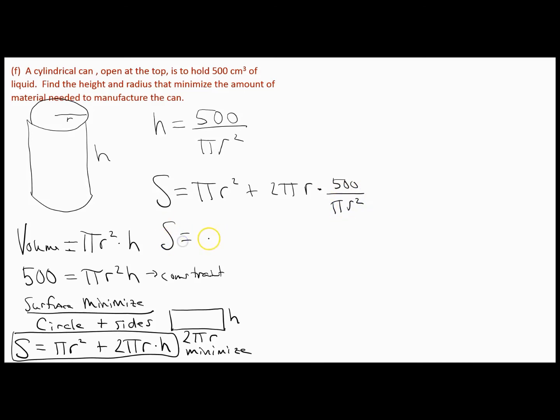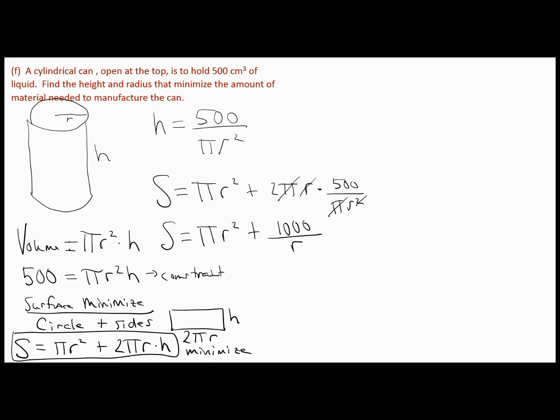Now, of course, I want to simplify that. This pi and this pi will cancel, and this r and one of those r's will cancel. I can multiply 2 times 500 to get 1,000 divided by r. And that would be my surface area, all in terms of r.